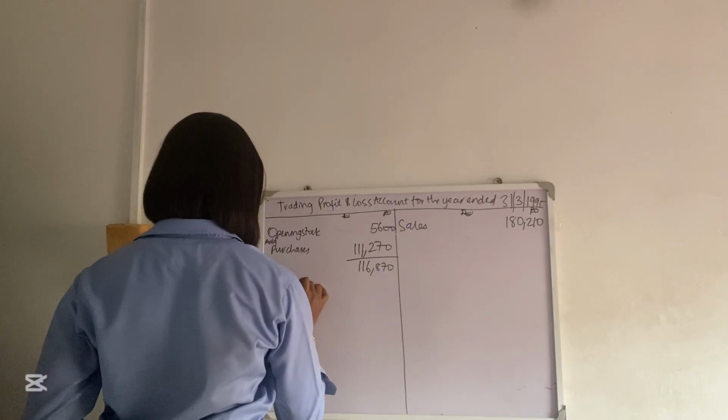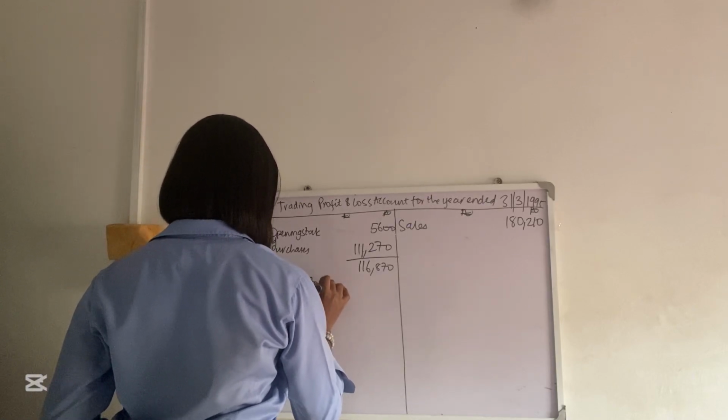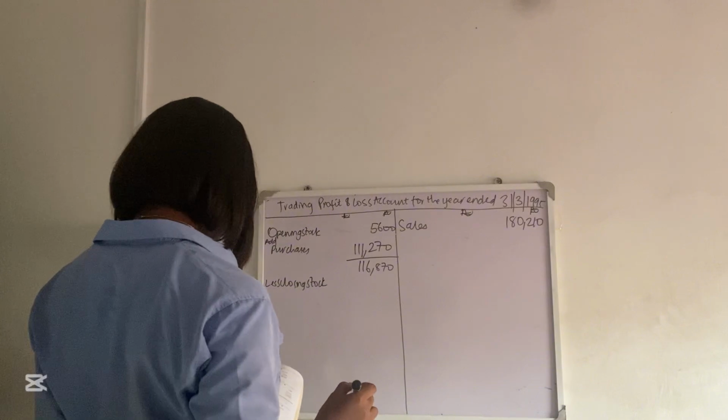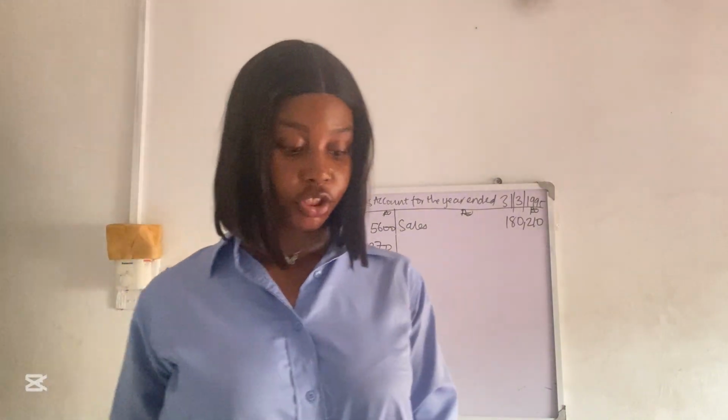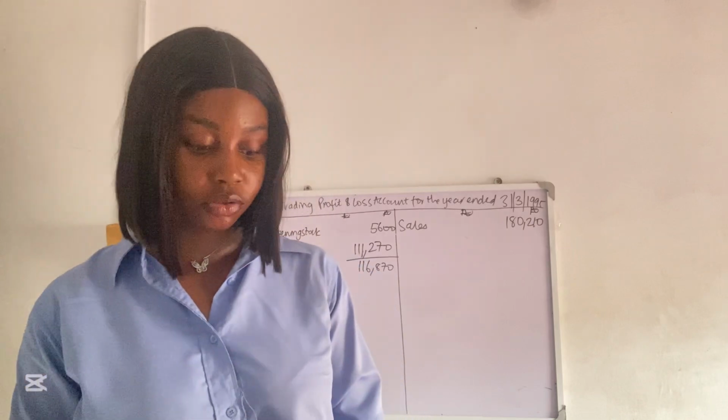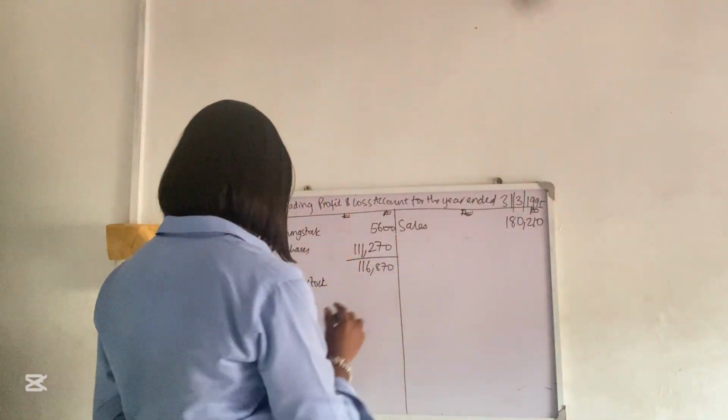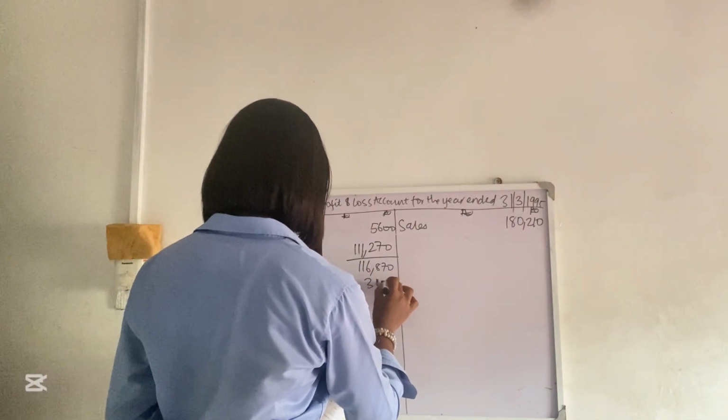Closing stock. Our closing stock is what? 3,400. Remember the one on March 31st 1995 under stock, that's our closing stock. 3,400.